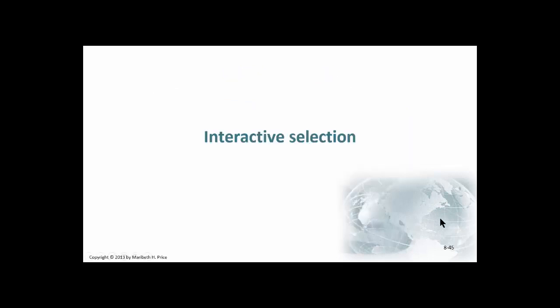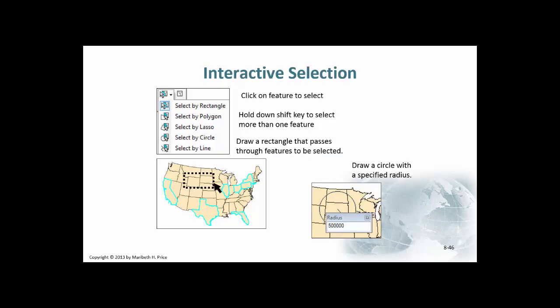Interactive selecting is manually picking features from the map or table with your mouse. There are a set of selection tools you can use to interactively select features. Select by rectangle is the default.